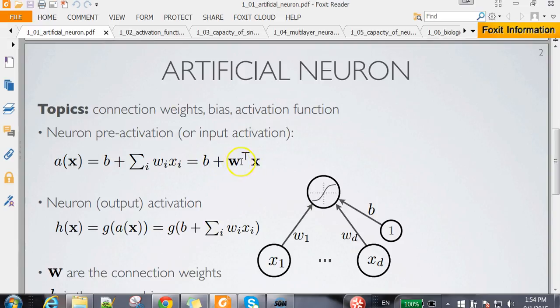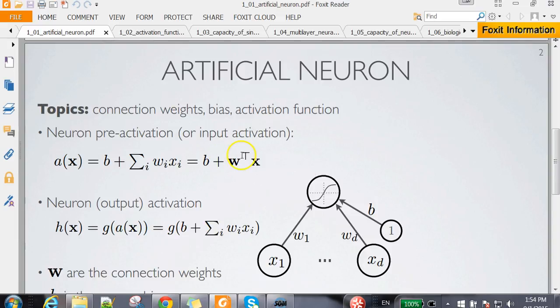So y equals b plus mx, where m is the slope and b is the y-intercept. Without that, you'd have everything going through the origin, which makes things a little bit less flexible. So we like to have one term that allows us to not go through the origin, and that's filling the same role here.